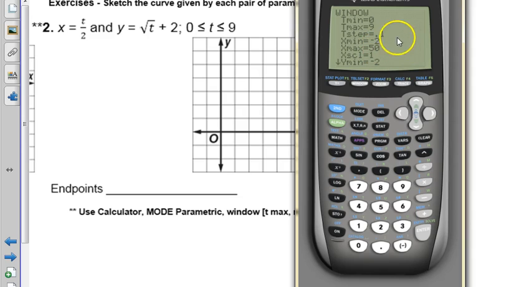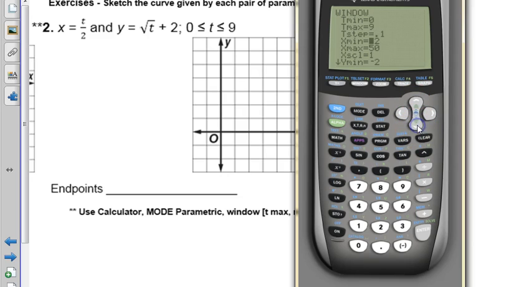It's a calculator. If you put in 0.01, though, and it's doing 900 calculations, that's a lot longer. Most important of all, don't put in a huge T-step, because then it will only find 1 or 2 points and connect them. That's not going to look anything like the smooth curve that we need.